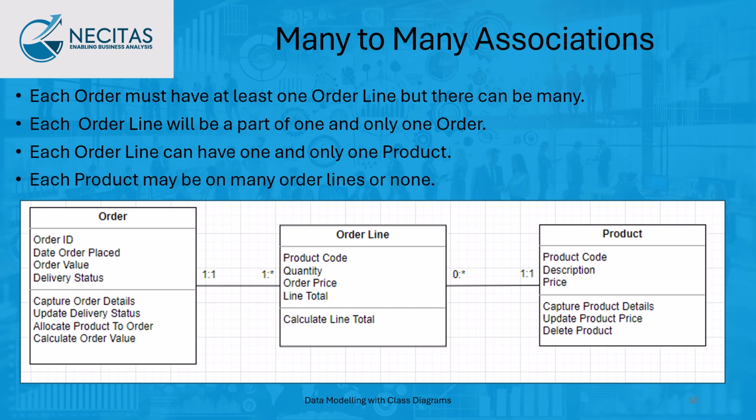We can also see that the attributes of quantity, order price, and line total are unique to the order line class and do not appear in any other class. However, product code is also an attribute of the product class. This could be a potential problem, as product code seems to be an attribute of two classes, the product class and the order line class.